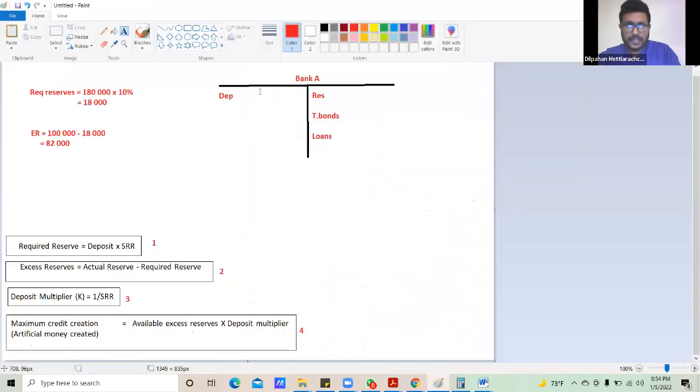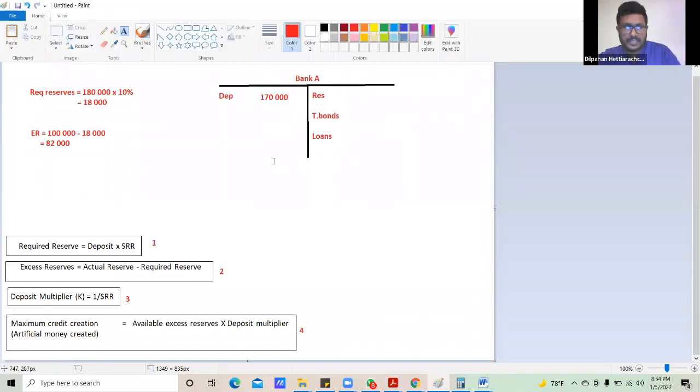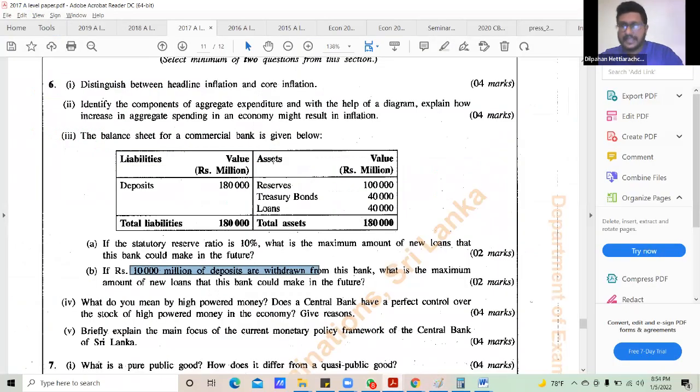So this should be 170,000. 180,000 minus 10,000, 170. Right? What's the other place we have to deduct this 10,000? That is reserves.